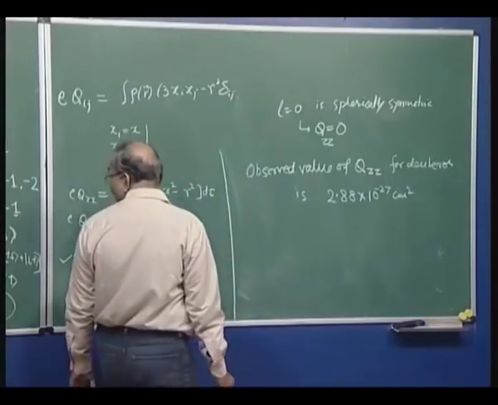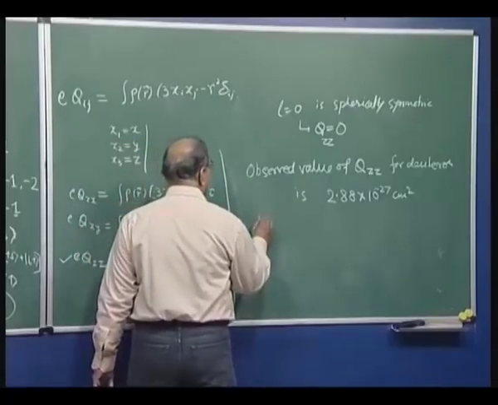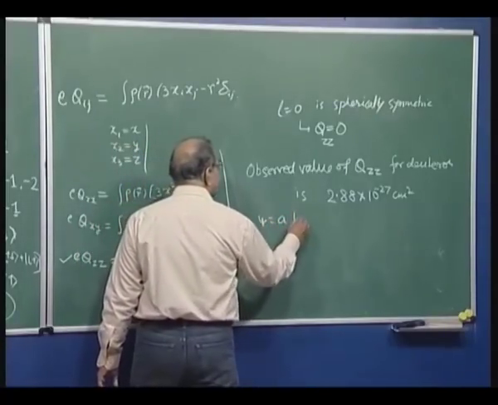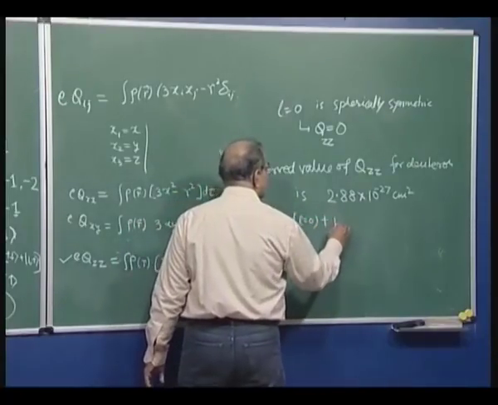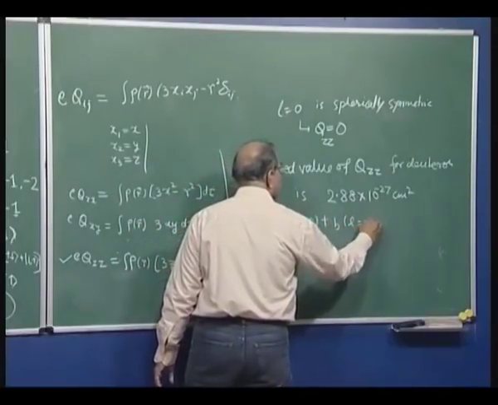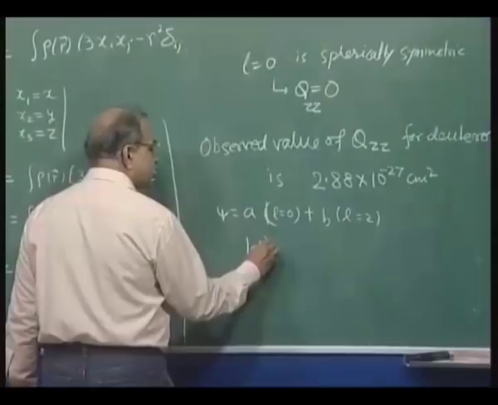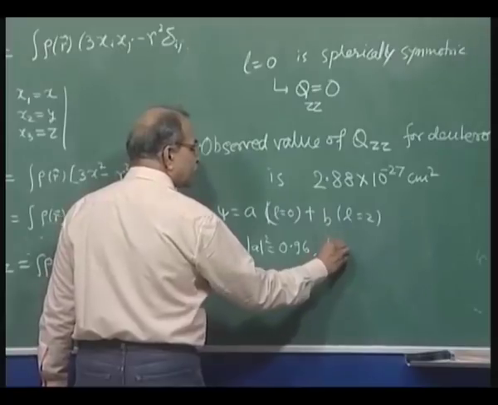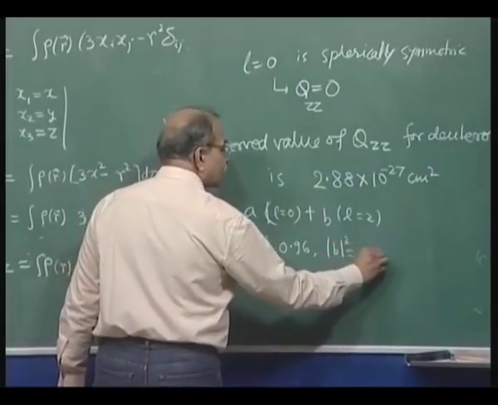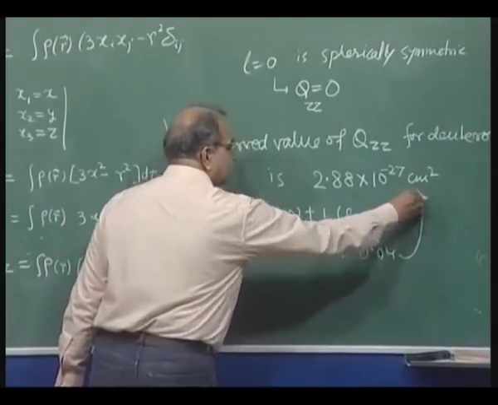That value that I had written, that if you write psi as A times the L equal to 0 part plus B times the L equal to 2 part, then mod A square is 0.96 and mod B square is 0.04. That also gives me this.